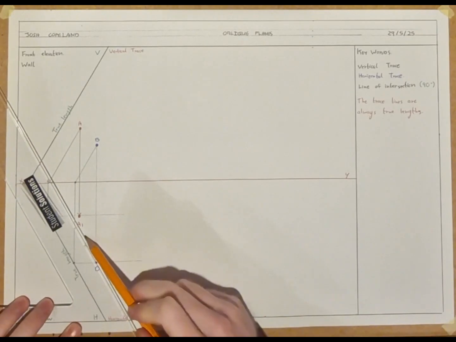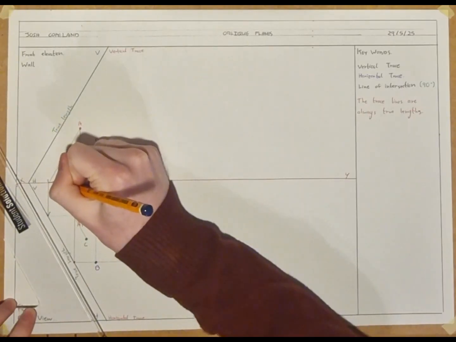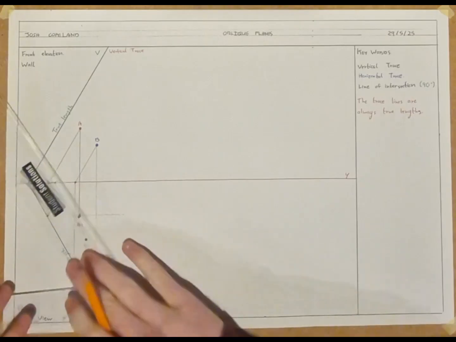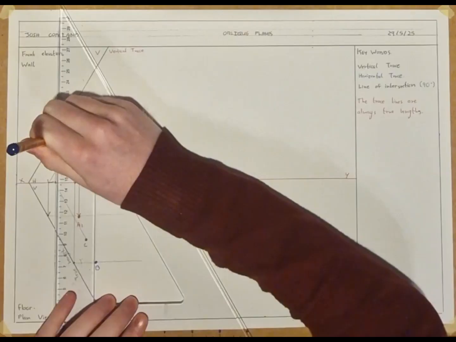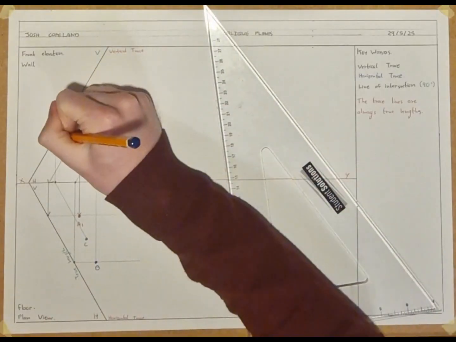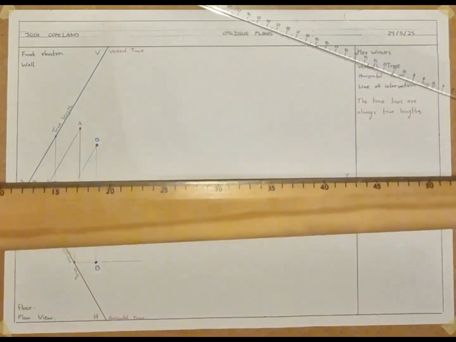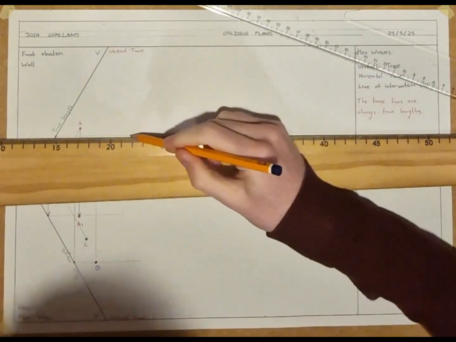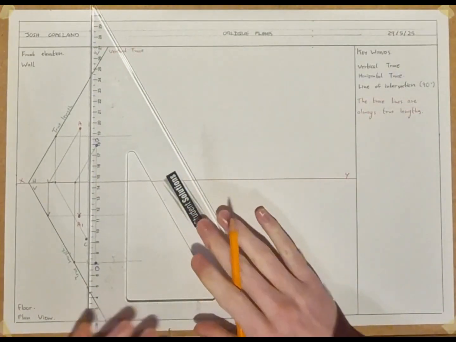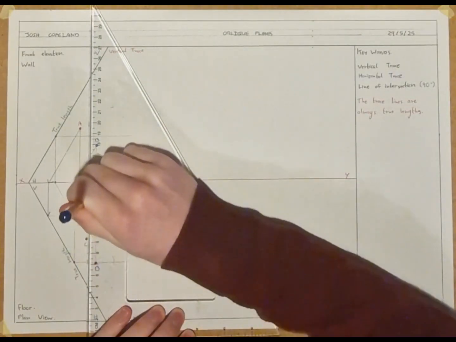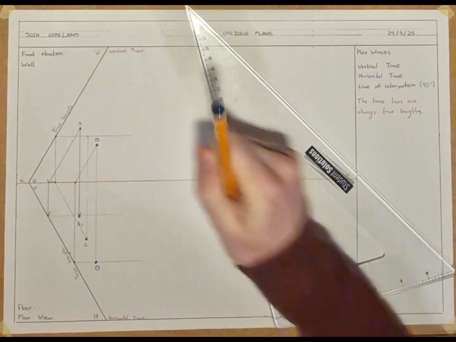We're going to go parallel to the trace line. That's where it hits the XY line. Then we're going to bring it straight up until it hits the vertical line, the vertical trace. And then we bring it straight across. We don't know where it stops, but the way that we find out where it stops is by bringing the point straight up. And here we have identified point C.